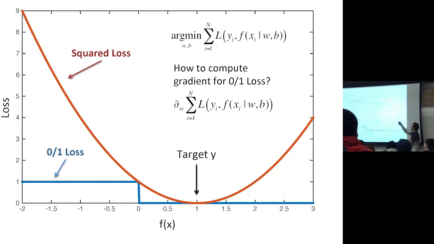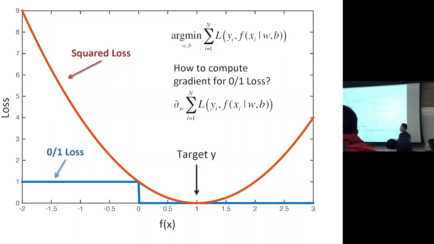You want the loss function to go down, and the loss function is flat. For square loss, you know that if I go this way, the loss is going to go down. For 0, 1 loss, if I go this way or this way, it's the same, if my goal is to minimize the loss function.